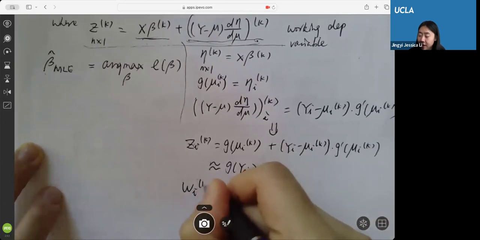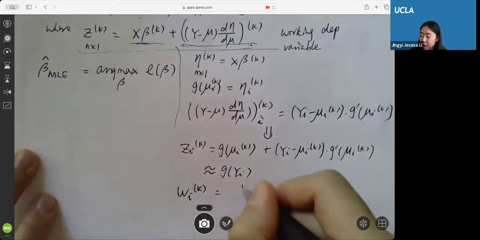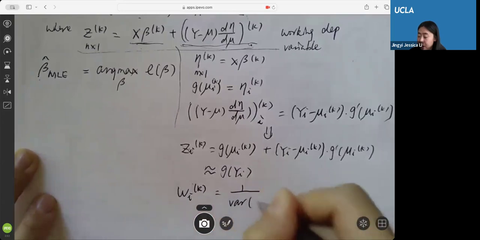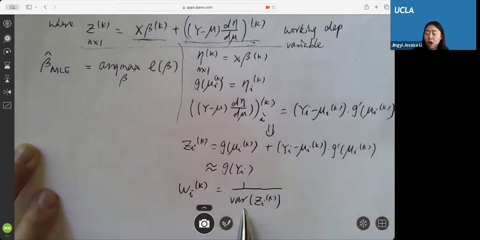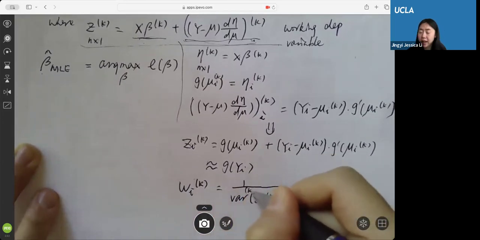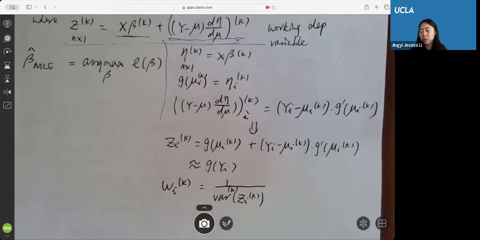So Wik, the ith diagonal of the W matrix, is essentially 1 over the variance of zik. But as the variance itself involves parameters, we need to put k on top of variance to mean that the variance calculation depends on the current parameters. So with all dots connected, this is weighted least squares in the kth iteration. Okay, so any questions regarding what we did here?